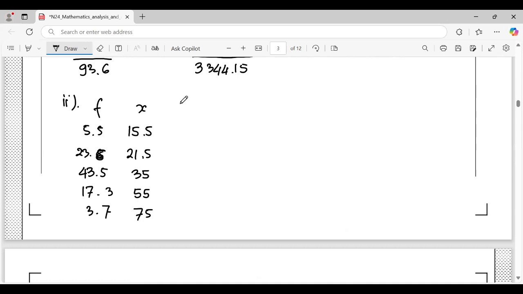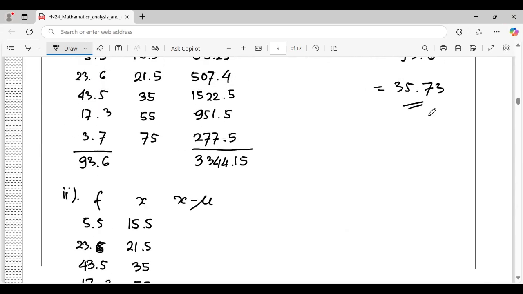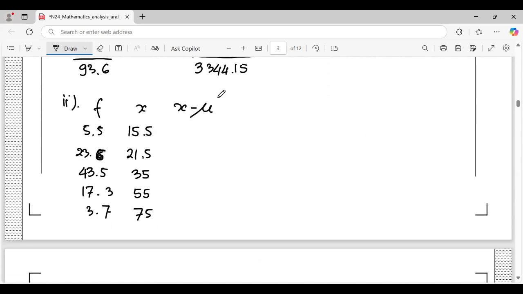And after that, X minus mu. Mu is 35.73.